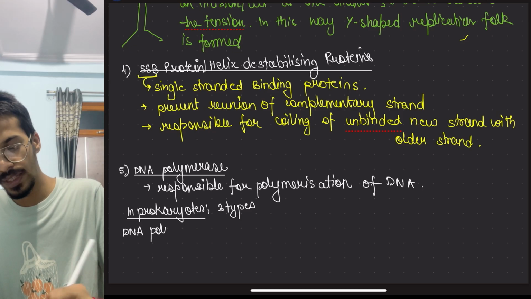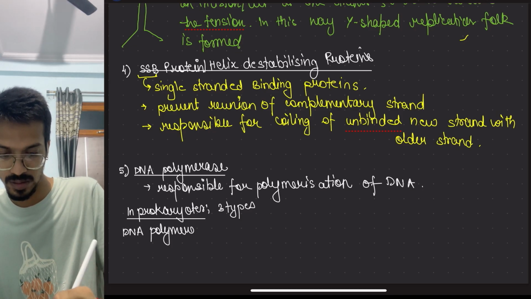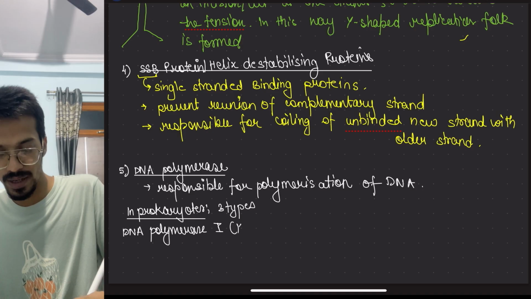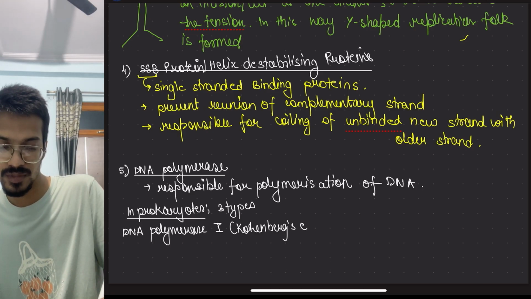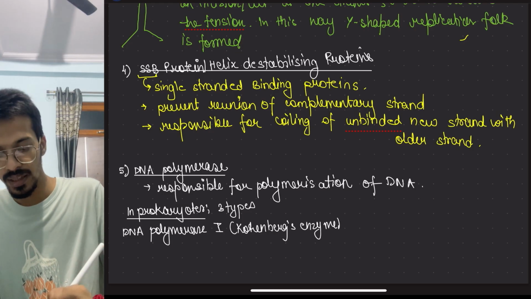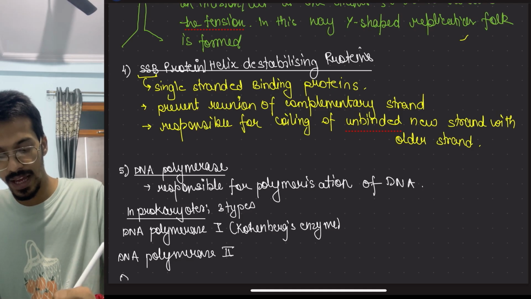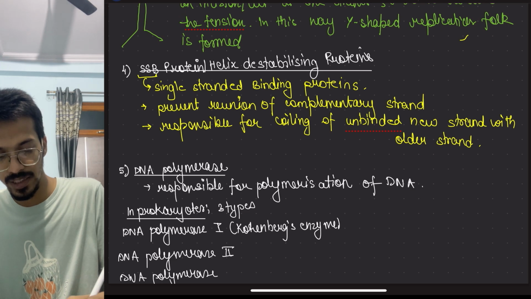DNA polymerase 1 is also called Kornberg's enzyme, just remember it. Then we have DNA polymerase 2, then we have DNA polymerase 3.